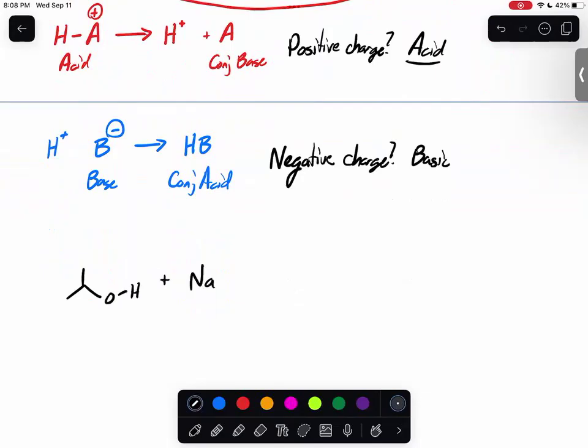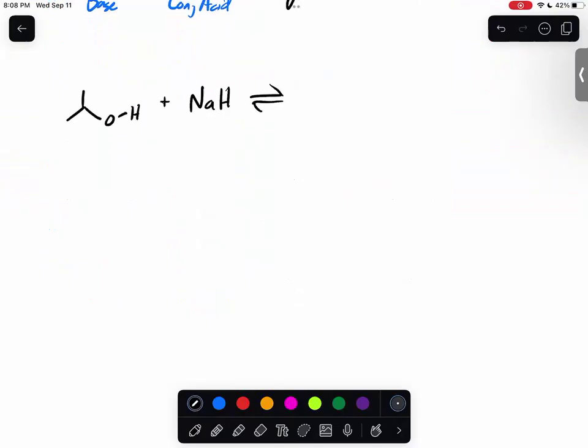within this reaction here. So, looking on this side of the reaction, right, we have two species. One is clearly going to be an acid, one's going to be a base. We just have to ask ourselves which is which. At the moment, we don't see any charges, right? So we have to look a little deeper. You notice that over here on this structure, it's a sodium ion with a hydrogen. If we think back to ionic bonding, right, ionic bonding happens a lot between metals and other things.